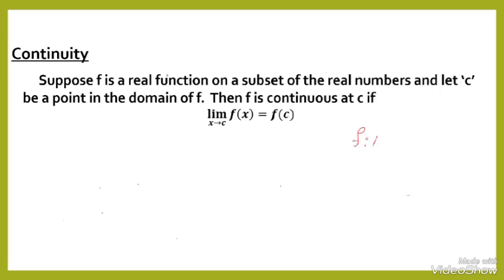The definition is: suppose f is a real function on a subset of the real numbers, and let c be a point in the domain of f. Then f is continuous at c if the limit of f of x as x tends to c is equal to f of c.